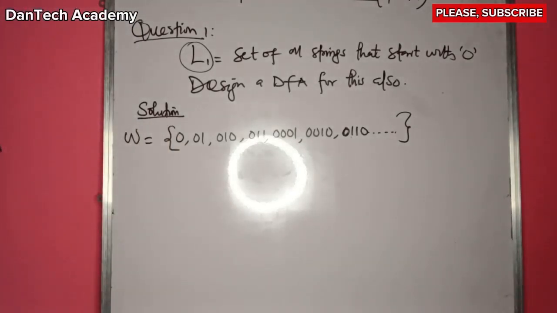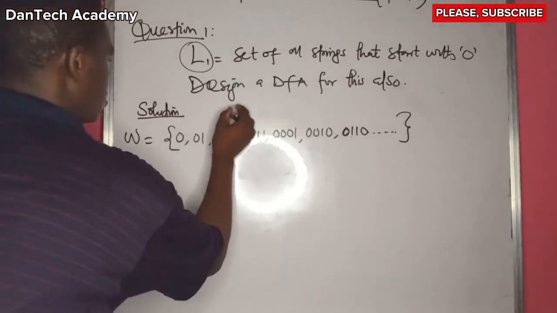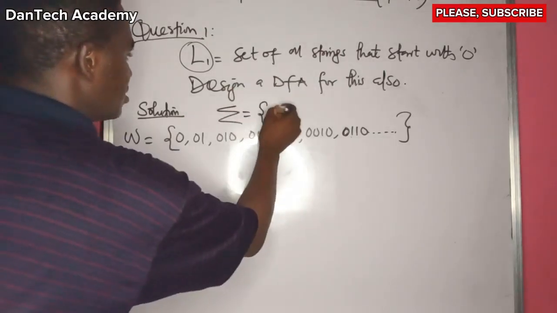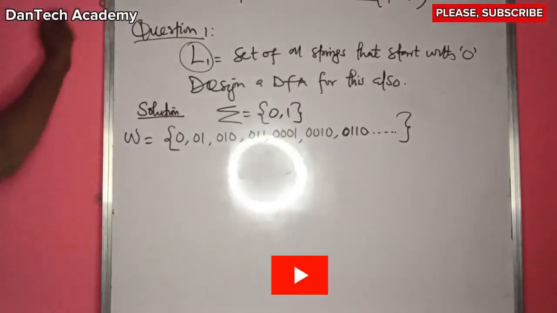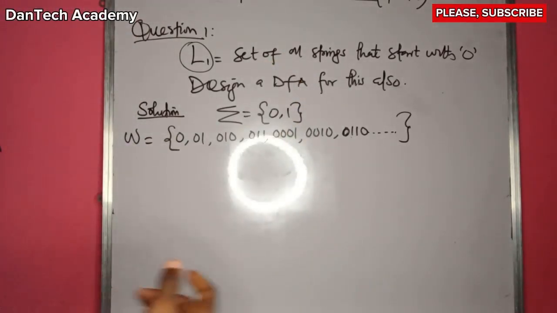You get it now? I'm sorry I did not start with that. What we are doing now is generated from the alphabet 0, 1. So let us see how we want to design the DFA for this. Your question was: we said 1 enters, it moves to the next state, 0 enters, it moves to the next state.